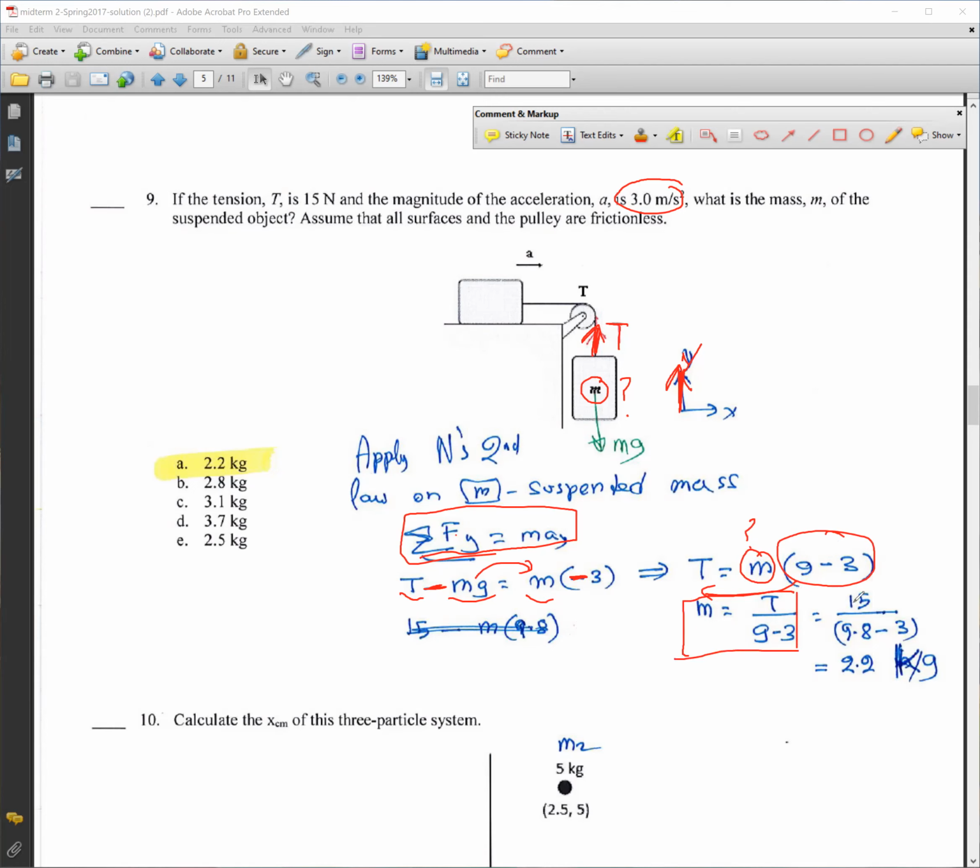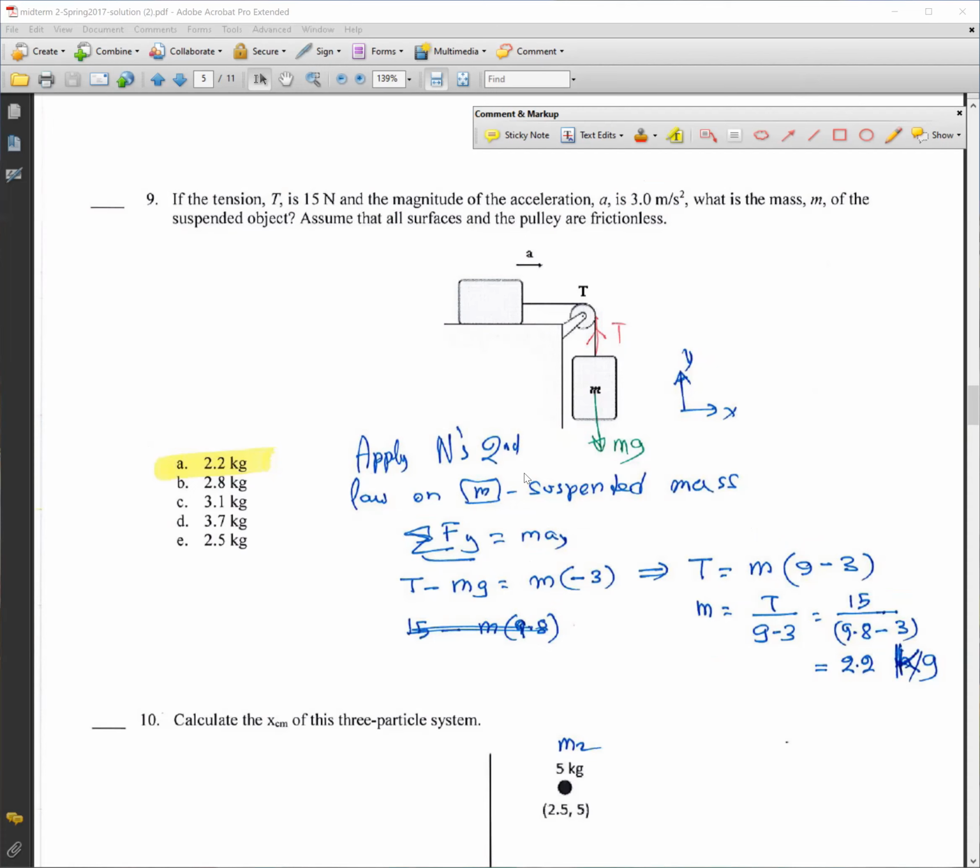That means the mass is 15 newtons divided by 9.8 minus 3, which gives me 2.2 kilograms. So this is for question 9.